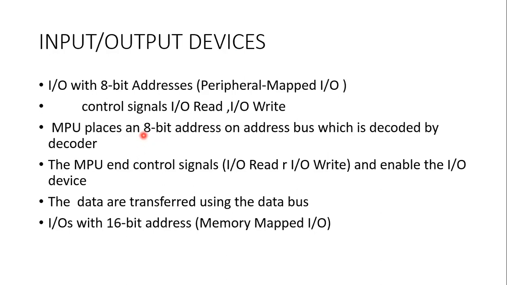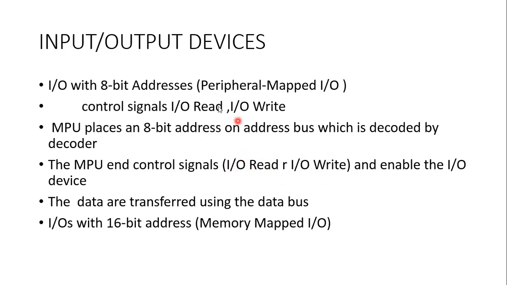Then it places the 8-bit address on the low order address bus, A0 to A7. A8 to A15 are the high order address bus. The second step is that the MPU sends control signals: I/O read, I/O write, and enable the I/O devices.